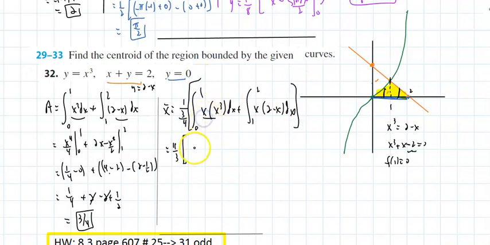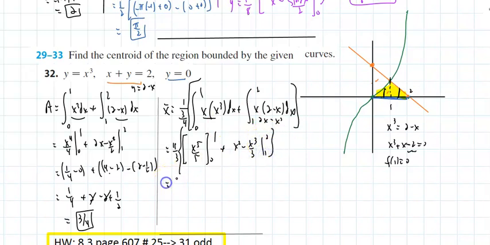This is x to the 4th, so that's x to the 5th over 5, evaluated from 0 to 1, right? Plus, and that's going to be 2x minus x squared, so that is x squared minus x cubed over 3 evaluated from 1 to 2.